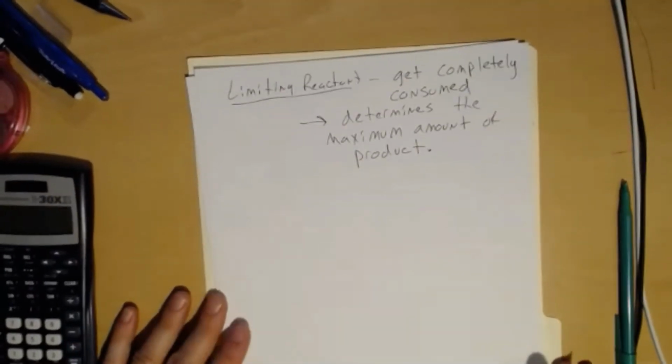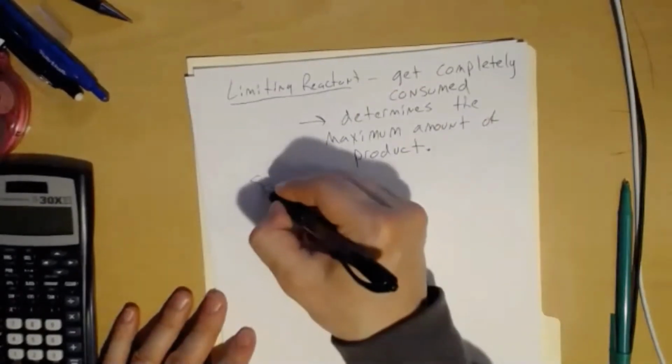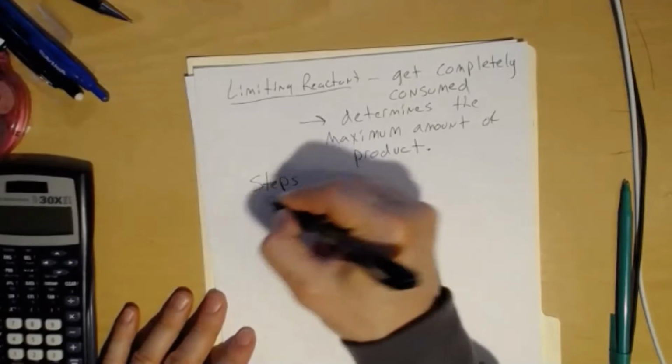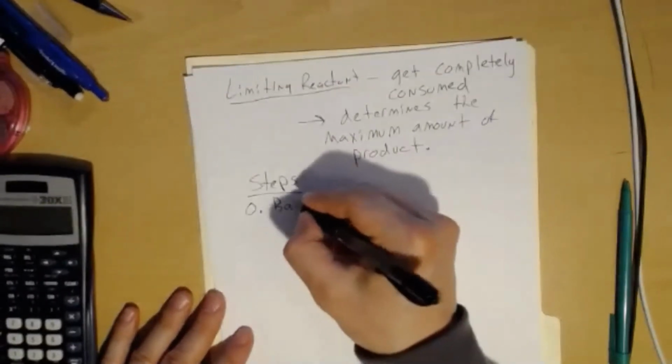The way to do this, kind of the steps for this: I'm going to put step 0 again, which is have a balanced equation.